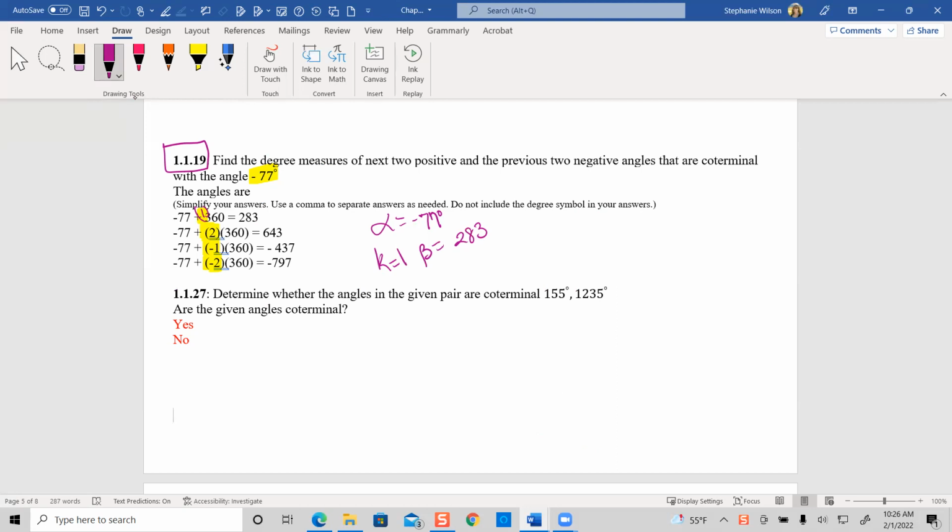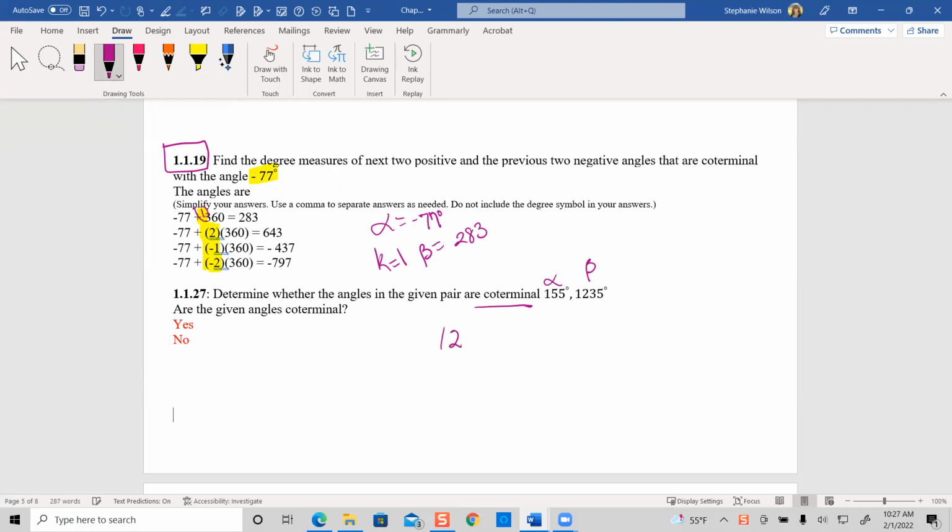So the next one says determine whether the given pair are coterminal. So to determine that, we need to plug it in, right? So what do we got? We got alpha and beta, and these two angles are coterminal.